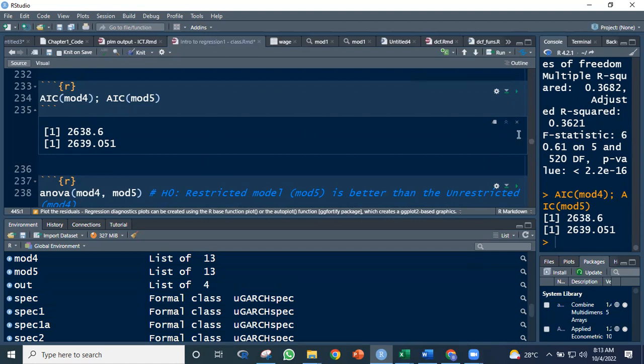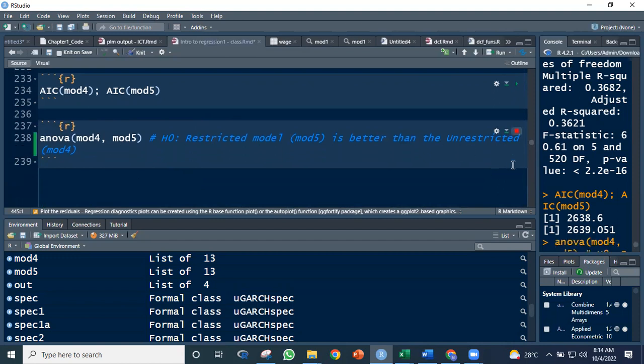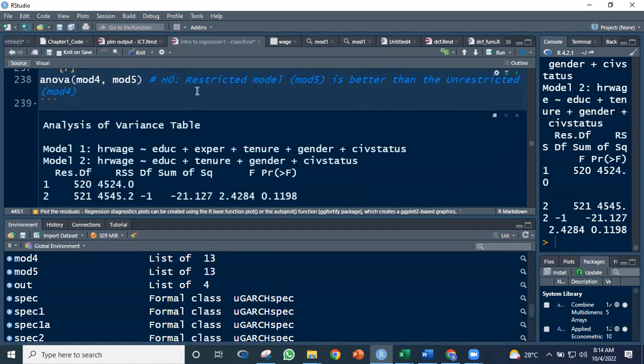But a more stringent way to test which model is better is to use the analysis of variance. Here, the null hypothesis is that the restricted model, the one with the lesser number of predictors, is preferred. So in this case, model 5 is the restricted model, and model number 4 is the unrestricted model.